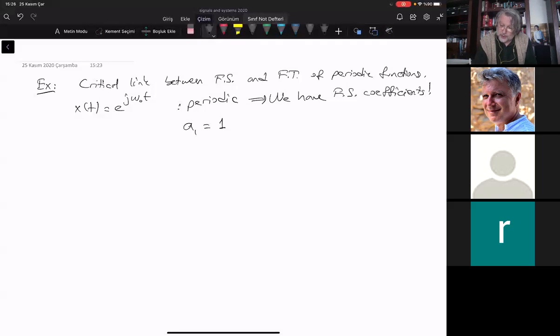What you do to proceed with the Fourier transform, which is X of j omega, is determined as 2 pi times the ak, or the Fourier series coefficient value, which is 1 for this case, times an impulse at the frequency of the corresponding harmonic.